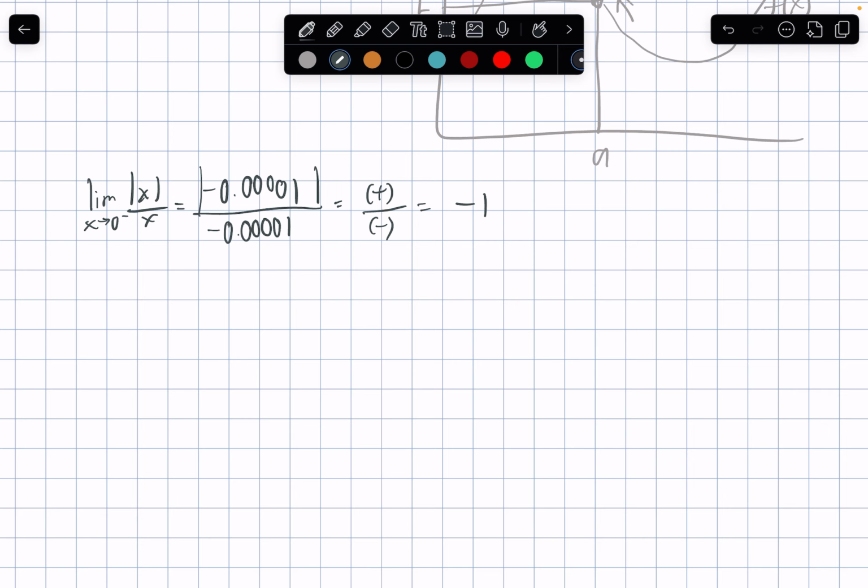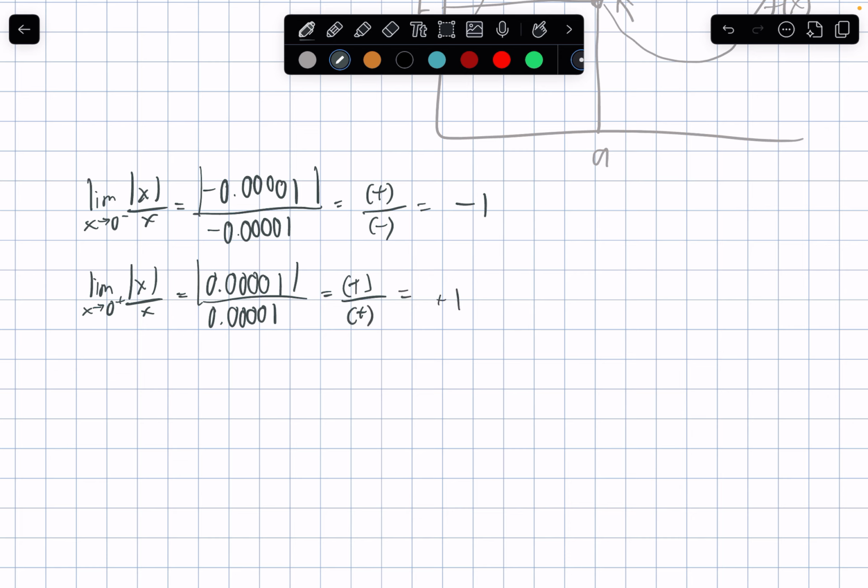What about if you want to solve for the same thing, but this time x approaches 0 from the right side? The closest number to 0 from the right side is just 0.00001. It's the same thing as earlier, just positive. Below, it is also positive. Just copy the same thing. And you have both positive on the numerator and denominator.